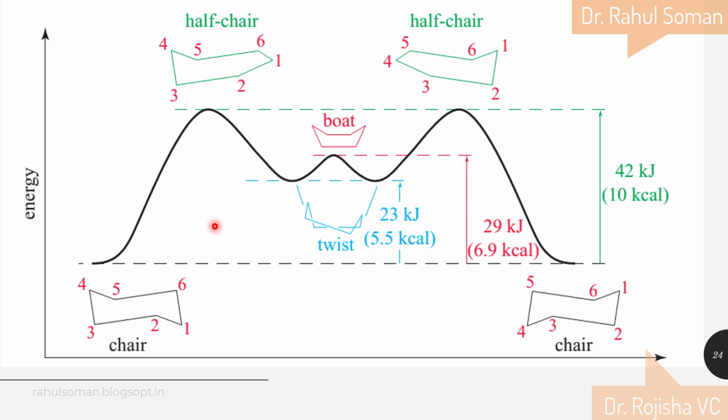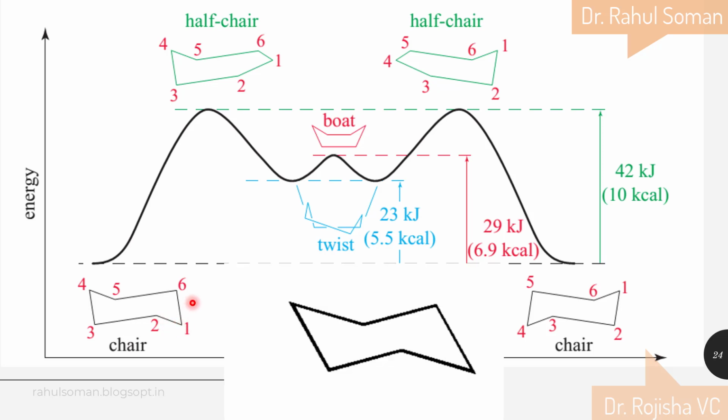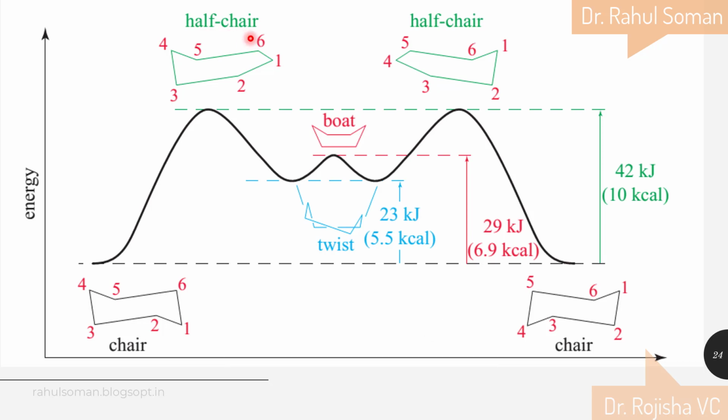Let us see in detail how the ring flipping happens. We hold this carbon and pull it upward, and when it comes into the same plane as 2 and 6, it adopts a conformation called the half chair conformation.